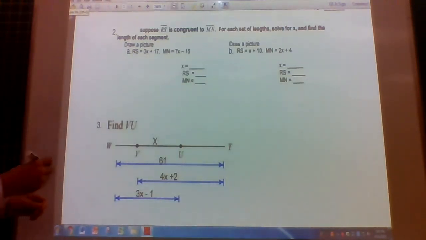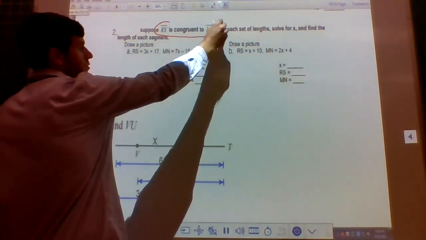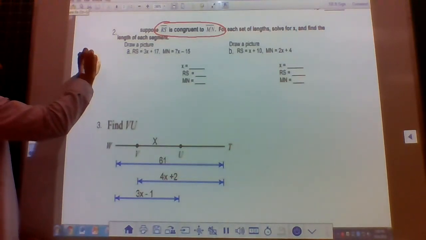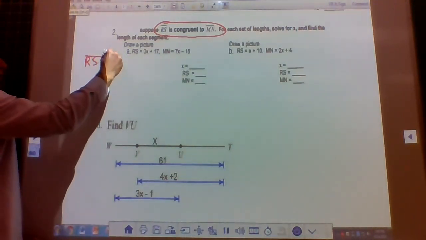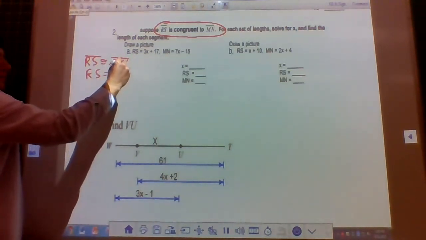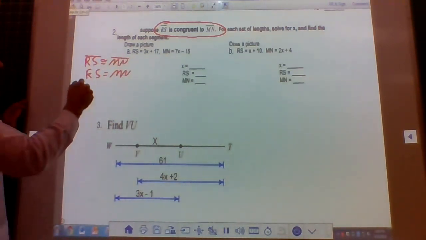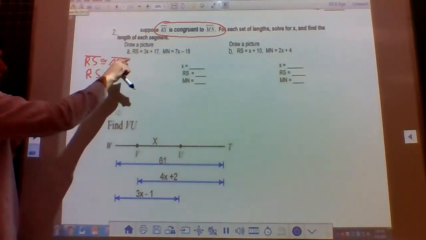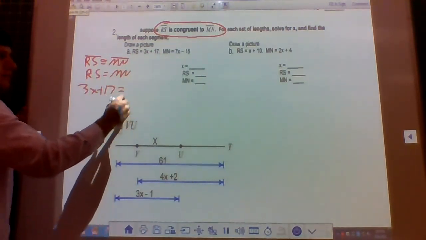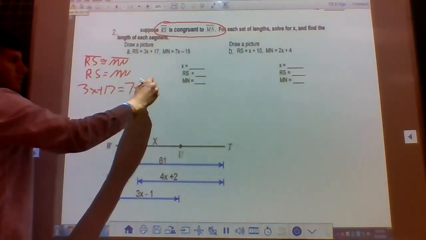So we know that RS is congruent to MN. So we know that RS equals MN, right? The segments are congruent, therefore their lengths are equal. We know RS, the distance between R and S, is 3x plus 17. And we know MN is 7x minus 15.